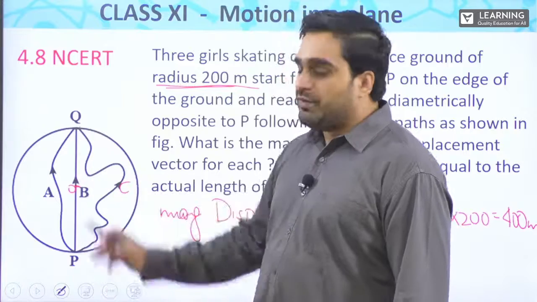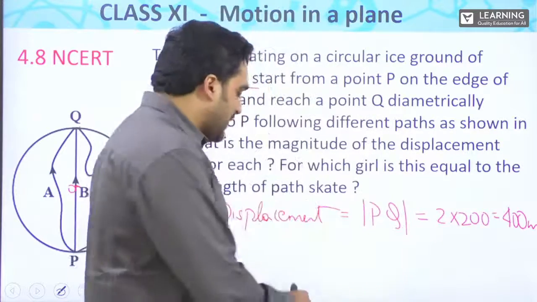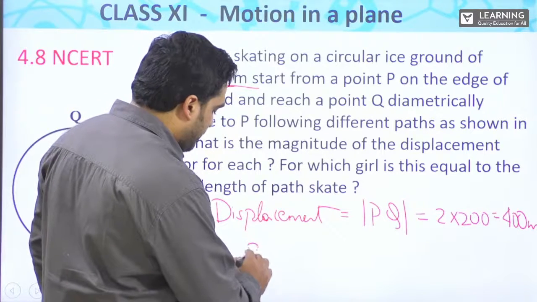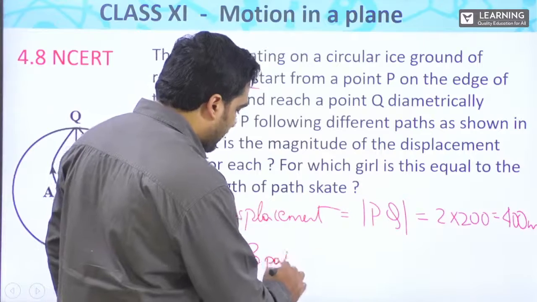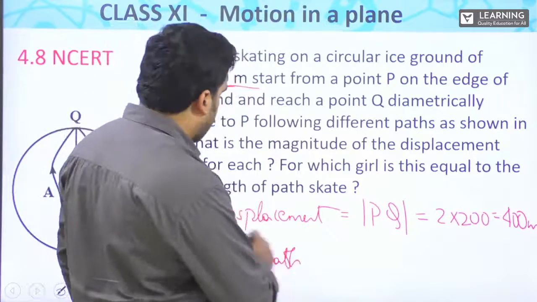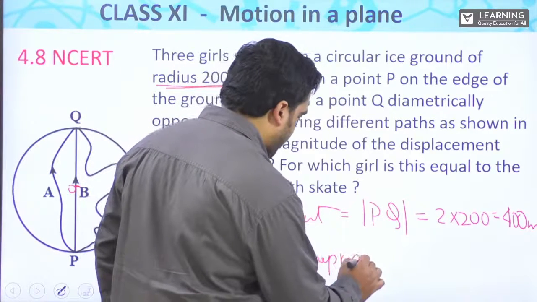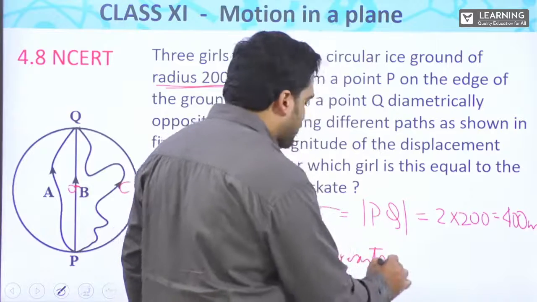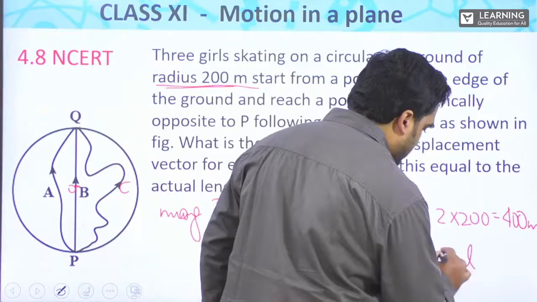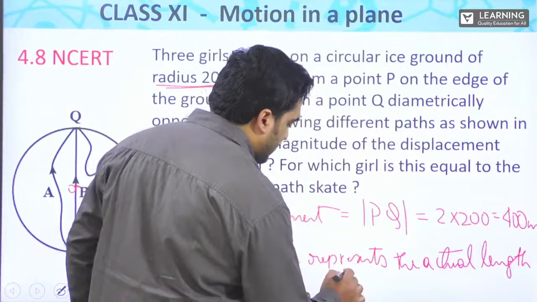So B path will follow 400 meters. Therefore, the girl who follows the path B, the B path represents the actual length of skate.